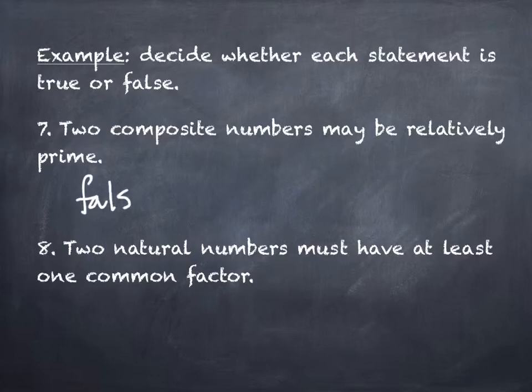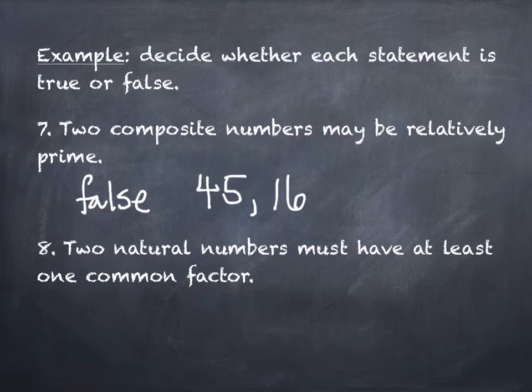45 and 16. 45 and 16, that'll work. 45 has factors of what? Well, it's divisible by 3 and 9. Of course, 9 is not prime, but 3 and 5 are actually the only prime factors for 45. What's the only prime factor for 16? Say it loud. 2, right? 2 divides 16, and it divides it again, and it divides it again.